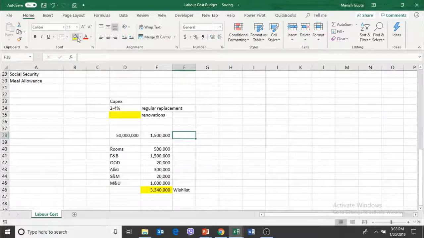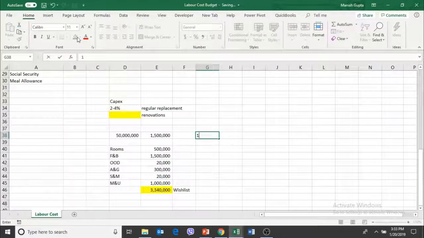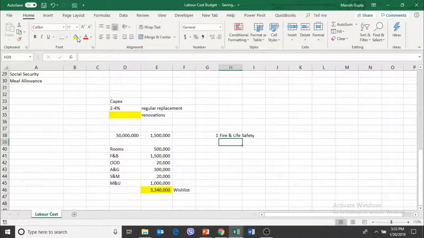Security. Exactly. Fire, life, safety. So the first priority is your fire and life safety items. If they are related to fire and life safety, the threat to the property itself or the guests or the staff, those come first. So those get the first priority in the budgeting, right?